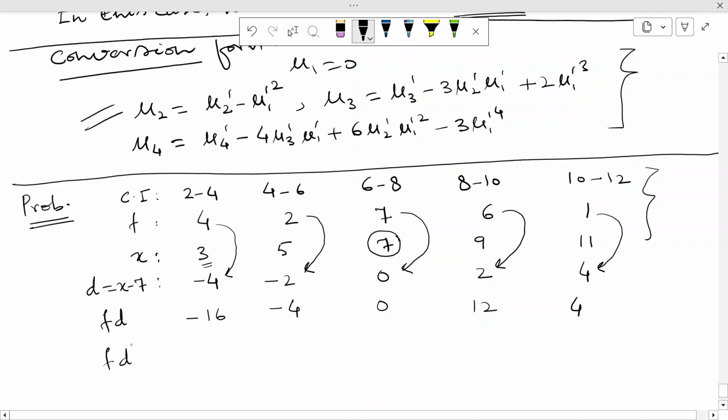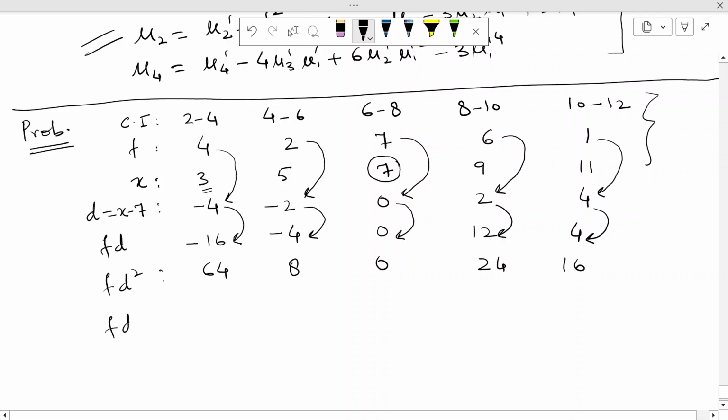Now next we will obtain FD square. We multiply this D with this FD, and this gives us the value of FD square. So this is 64, this is 8, this is 0, 24 and 16. These are the values of our FD square. Next we have FD cube.